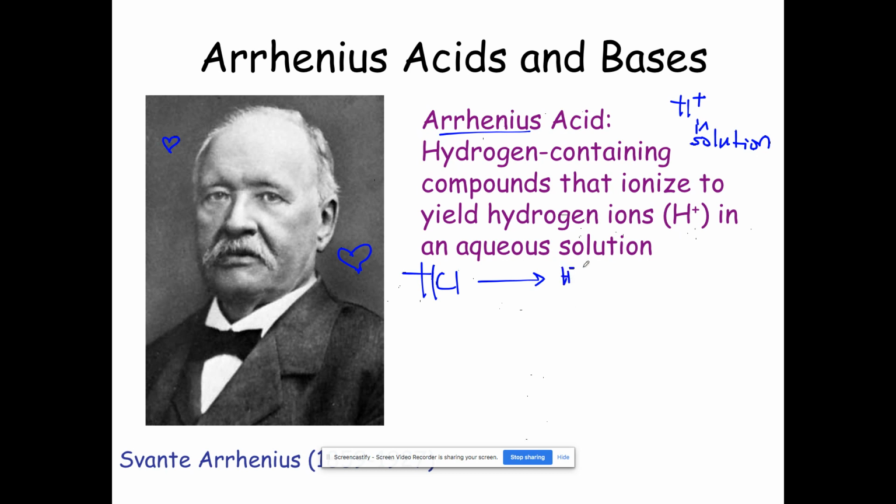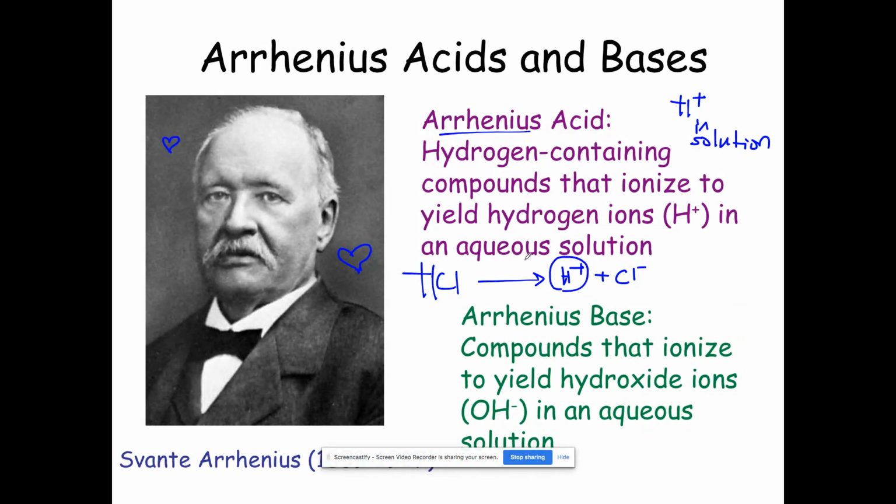It's going to produce H plus, and it's going to produce Cl minus. Since it produced H plus, we call it an Arrhenius acid. Arrhenius bases are anything that give off hydroxide, or OH minus. So NaOH, remember hydroxide is a polyatomic ion, so that's going to stay together.